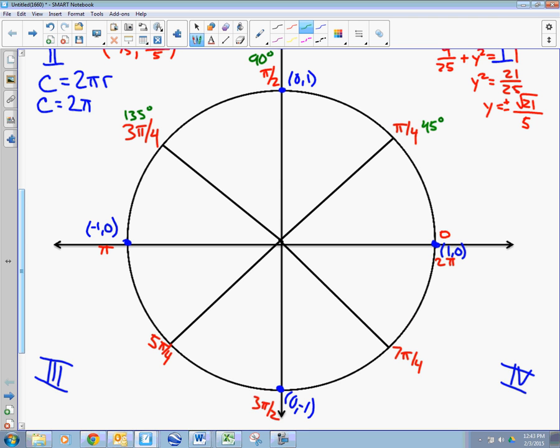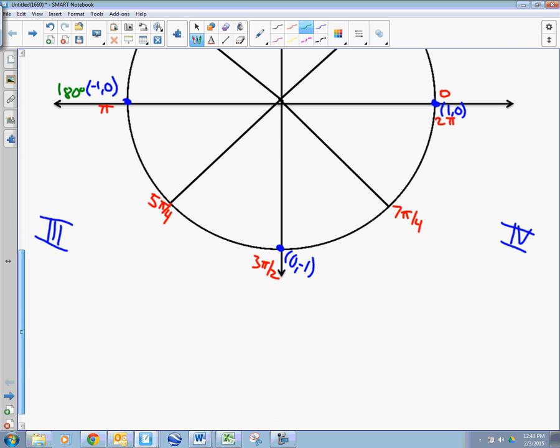Pi is 180. 5 pi over 4, 225. 3 pi over 2, 270. 7 pi over 4, 315. 2 pi, 360. And 0 would be 0.